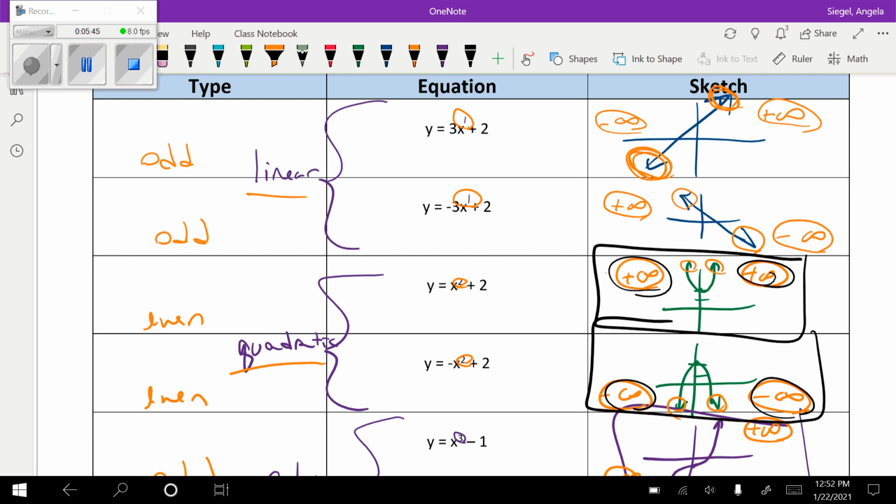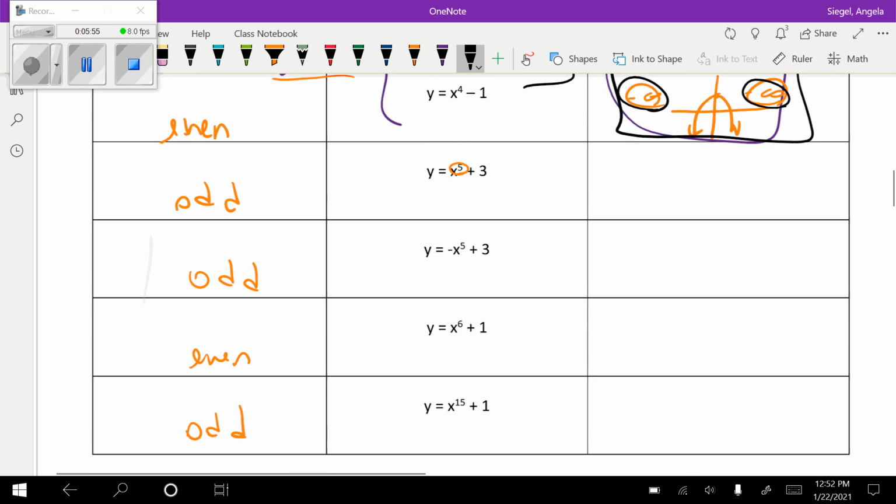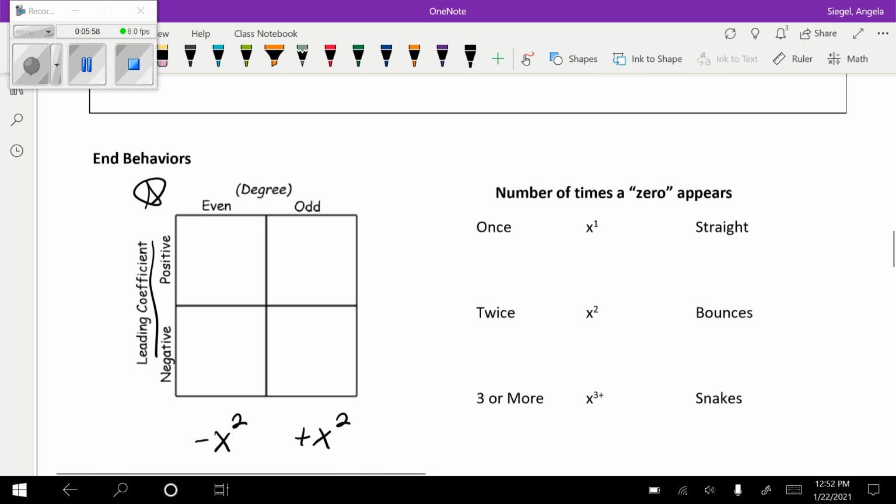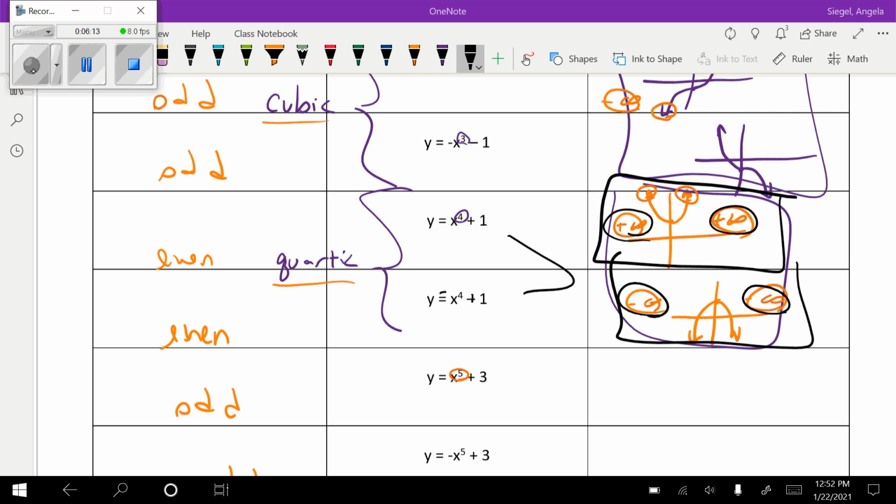Notice that if it's a positive leading coefficient, like a 1, it's going to be positive, positive. But if it's negative, it's going to be negative, negative. So with an even degree, a positive leading coefficient gives positive infinity on both ends, and a negative leading coefficient gives negative infinity on both ends. Guys, I want to point out there's a typo here. This should be negative x to the 4th plus 1. It's graphed correctly; it was just written incorrectly.